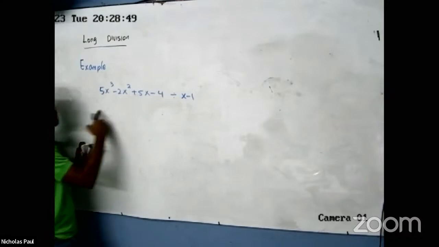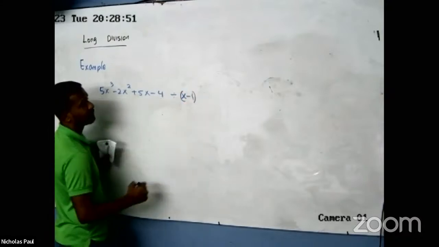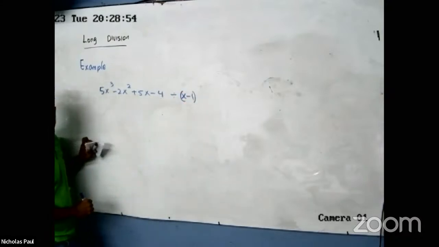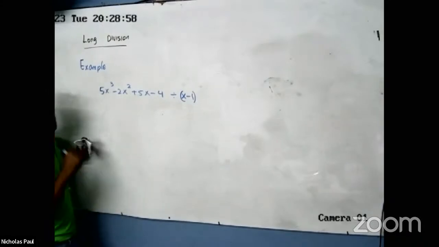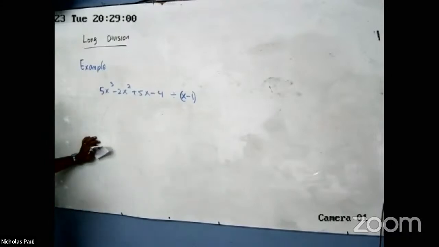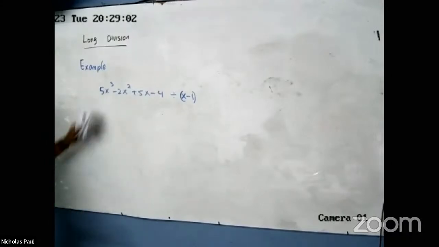So when you divide this by this, are you looking at? Okay. All right. So I'm going to show you 2 ways: long division and then a short way later. But we have to learn long division.